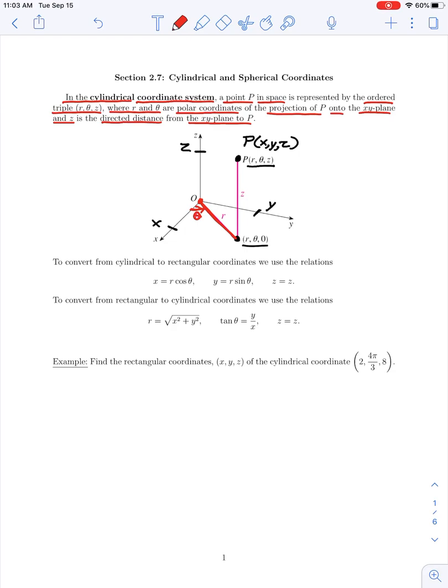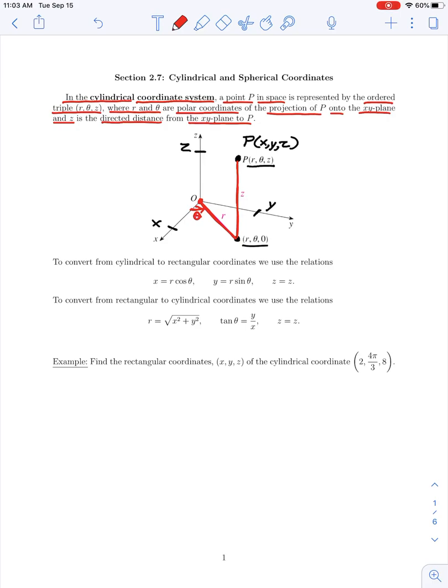So in cylindrical coordinates, r and theta have the same sort of interpretation that we're familiar with from polar coordinates in the plane. The only difference is now we have a third coordinate, which we're calling z, and z is the vertical distance that we travel from the xy plane up to our point.